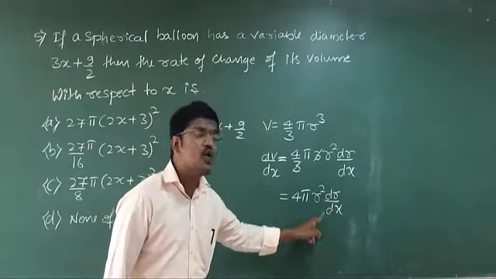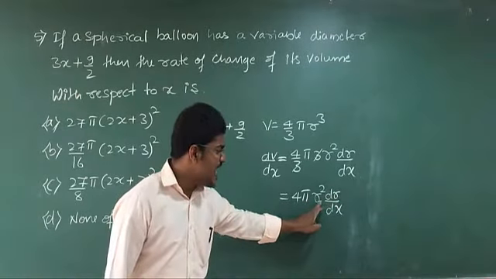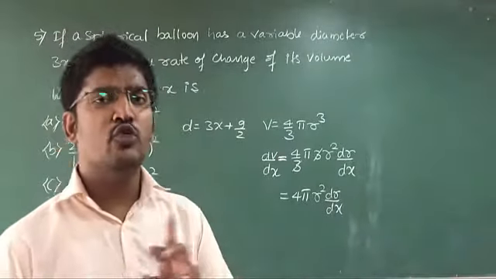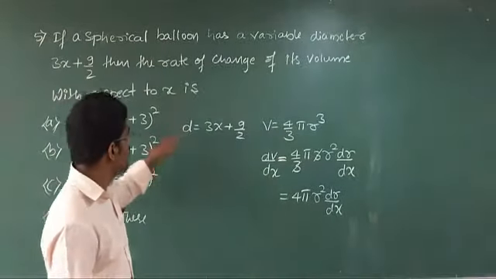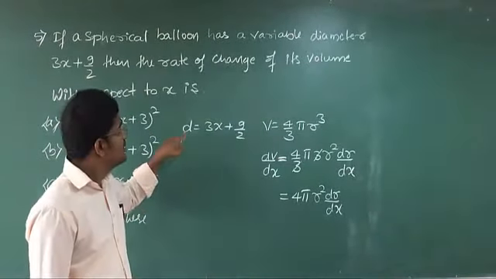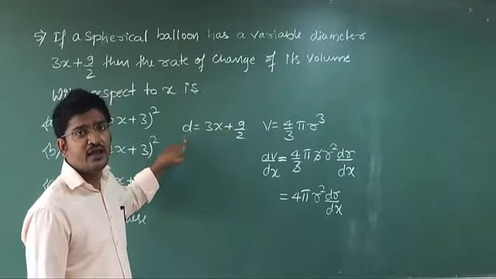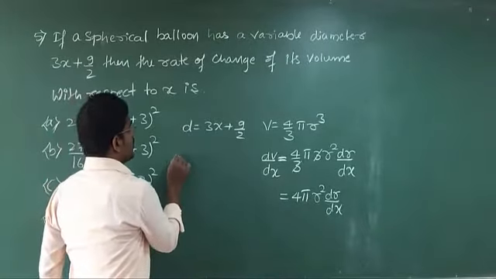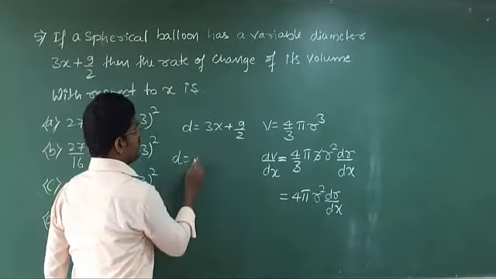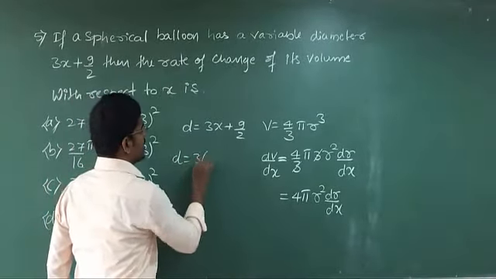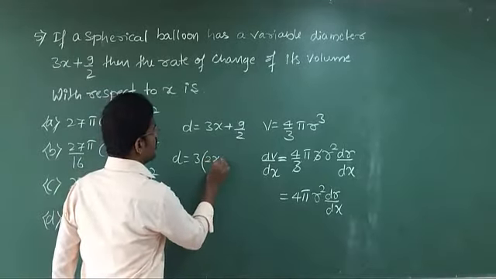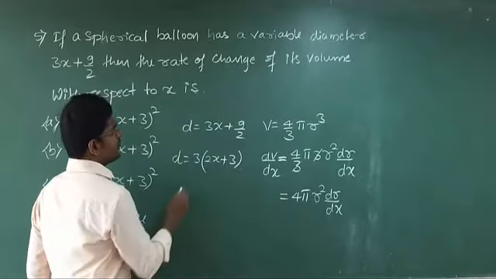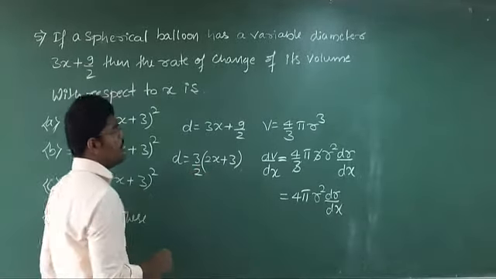So here the unknown terms are radius and rate of change of radius with respect to time. If you need those two terms, you have to observe here. Clear? This is the diameter of the sphere. It has to be converted to radius. So d can be written as 3 times of 2x plus 3 divided by 2.